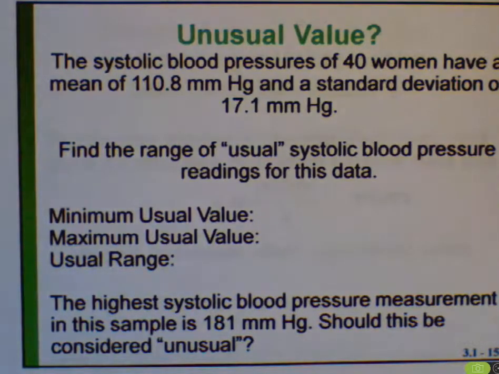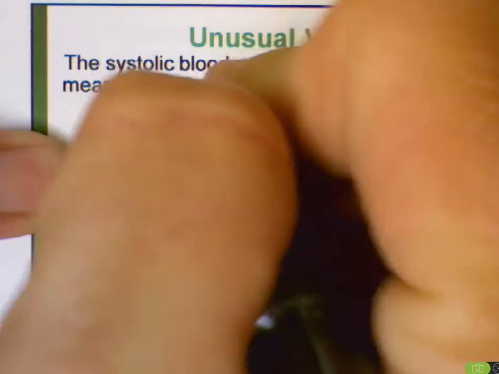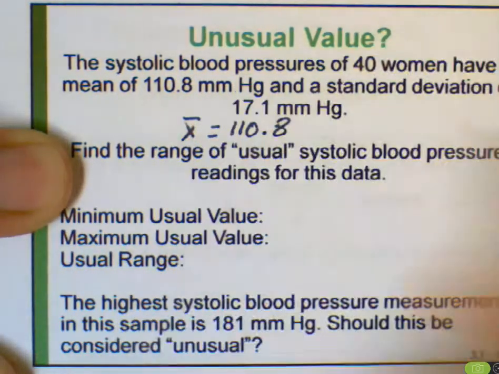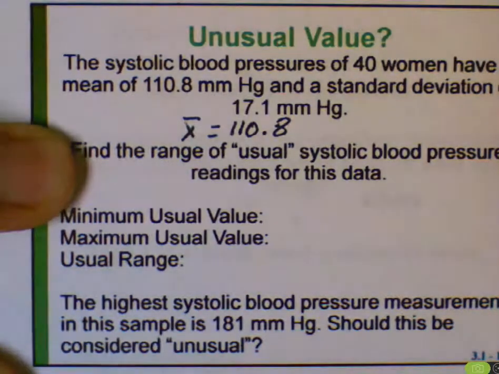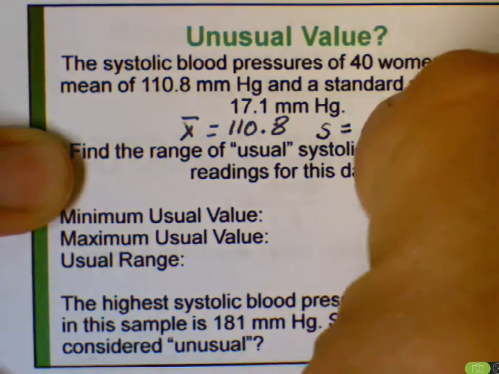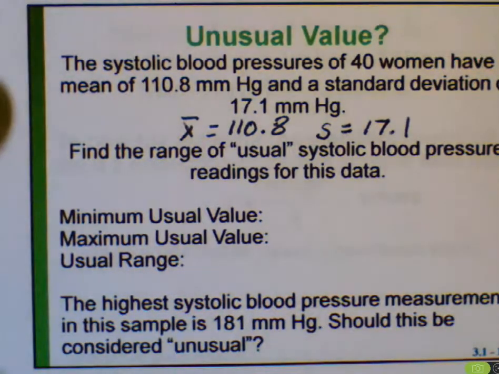The mean for this sample of 40 women is 110.8, and the standard deviation for blood pressure of these women is 17.1. We want to find the range of usual systolic blood pressure readings.